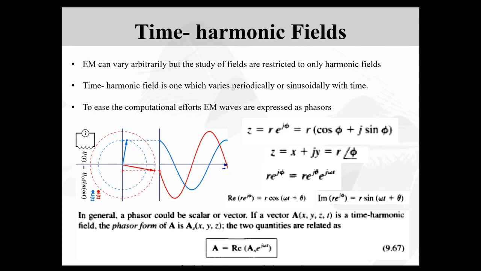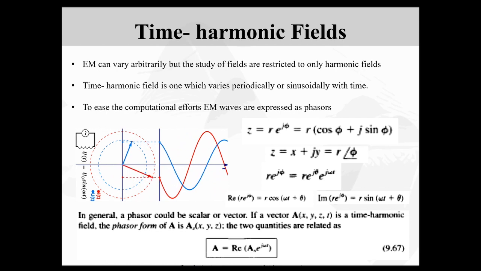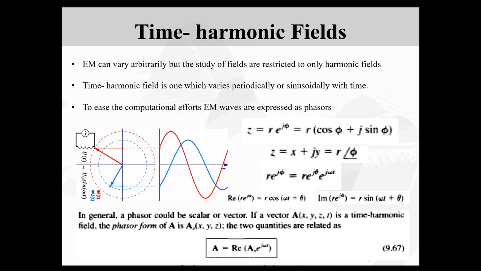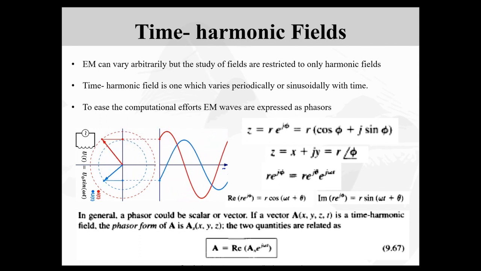Because it is easier when we are trying to understand the concept of electromagnetic waves, as we know they are periodic in nature. Especially we are going to consider the sinusoidal nature of electromagnetic waves. So in order to analyze any sinusoids, we need a computationally easier method to understand them.